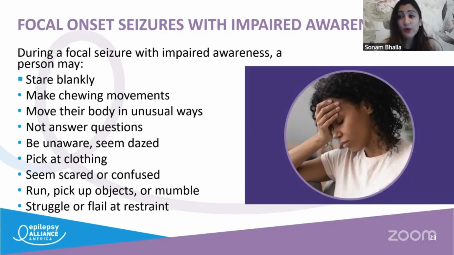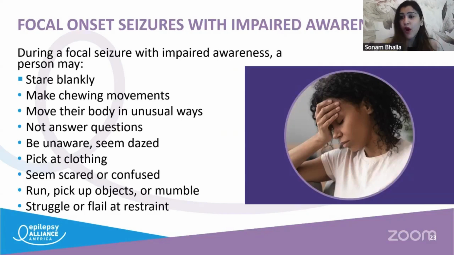Symptoms can be sequential. So it may start off with a weird sensation in the stomach, and then go to staring, abnormal chewing movements, automatisms is what we call them. So people may pick at their clothes, be restless, turn around in circles, just sometimes take off their clothes because they have such altered behavior.